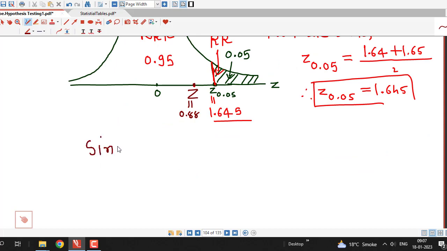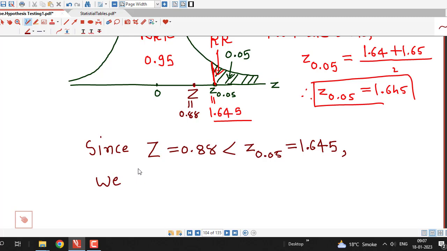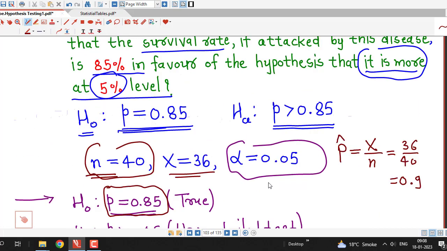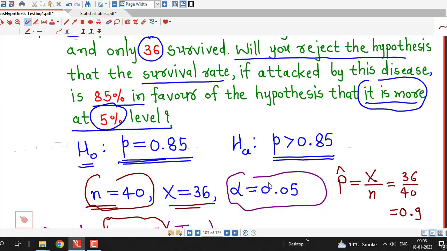We can write that since capital Z, which is 0.88, is less than this critical value Z suffix 0.05, which is 1.645, we fail to reject the null hypothesis H0. The null hypothesis cannot be rejected. And what is the null hypothesis?